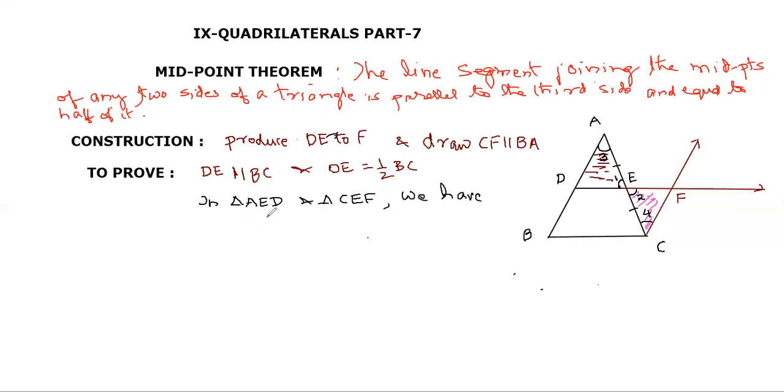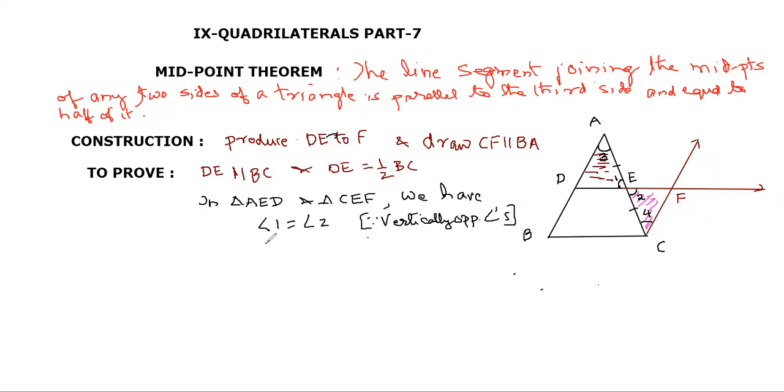Angle 1 is equal to angle 2 because vertically opposite angles are equal always.